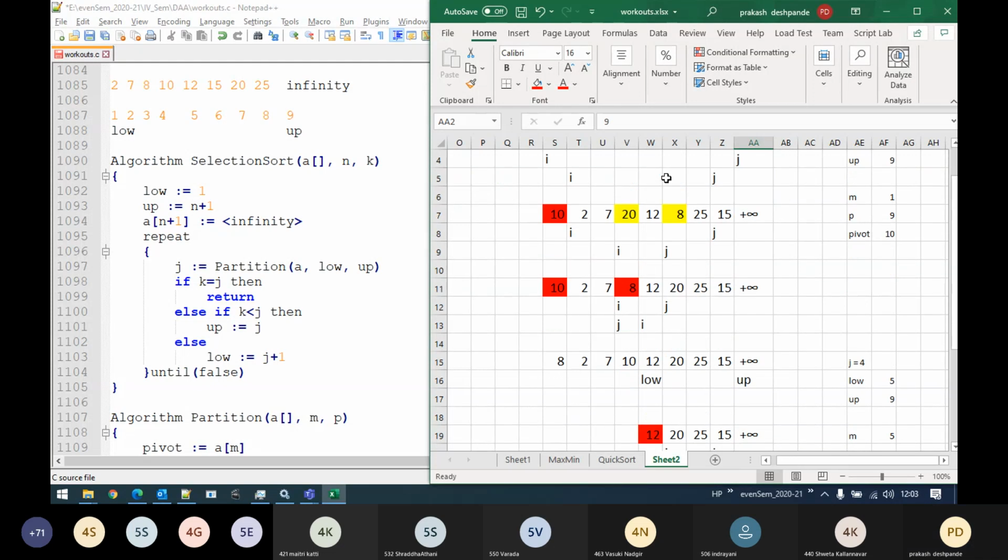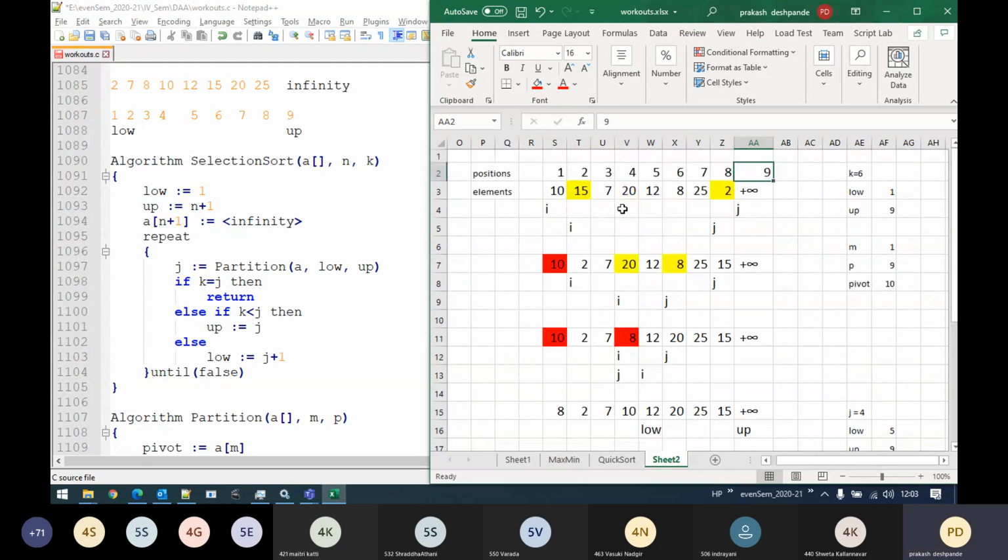If we use this divide and conquer, it will not sort all the elements in sorted order, but it ensures that the kth position has the right value. This is a little tricky to understand. You need to work it out multiple times in order to understand the selection sort.